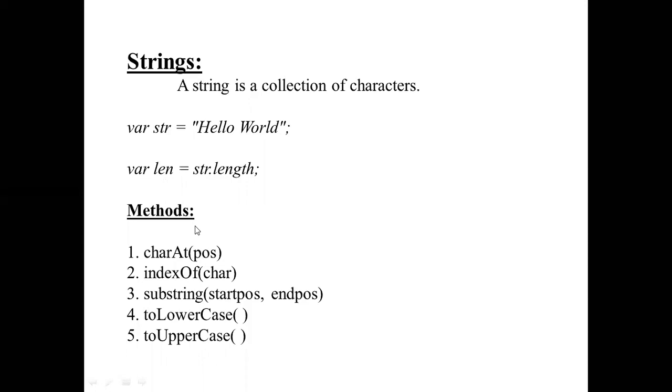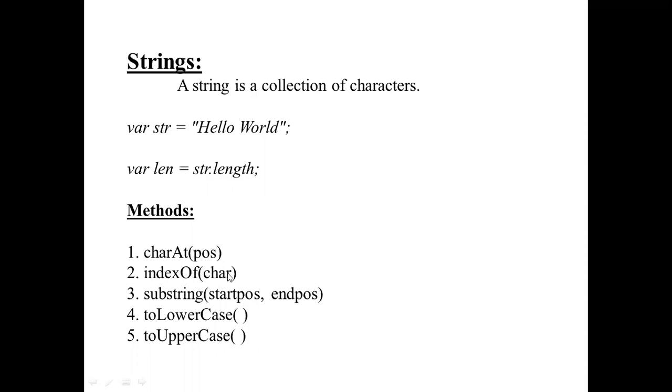Next, the different methods on string objects. First one, charAt(position). It returns the character at the specified position. Next, indexOf(char). It returns the position of the given character in the string.